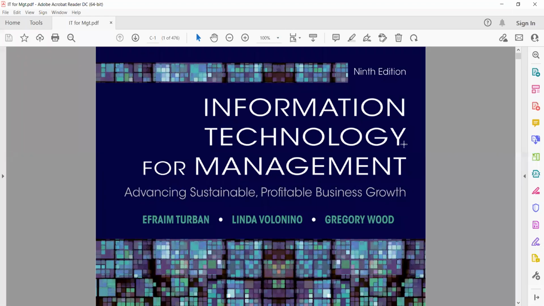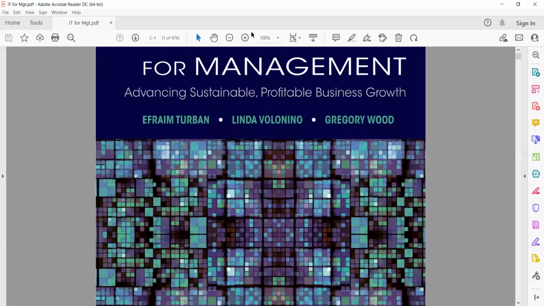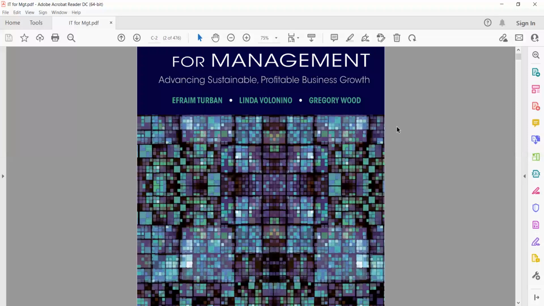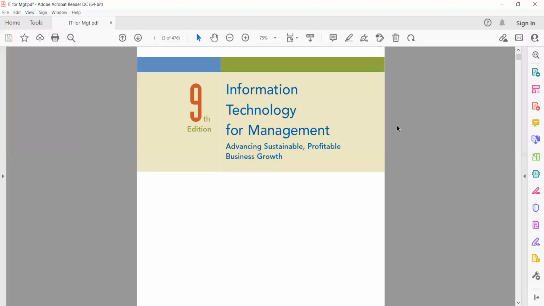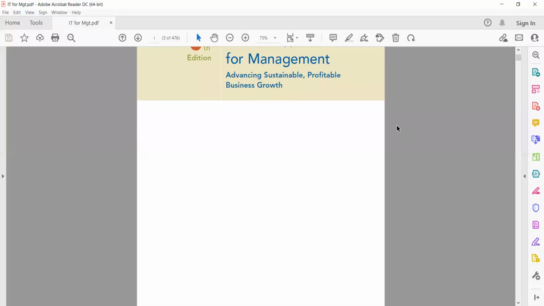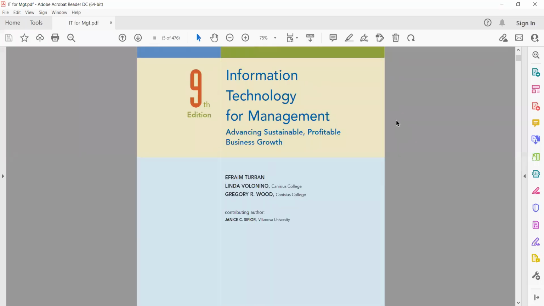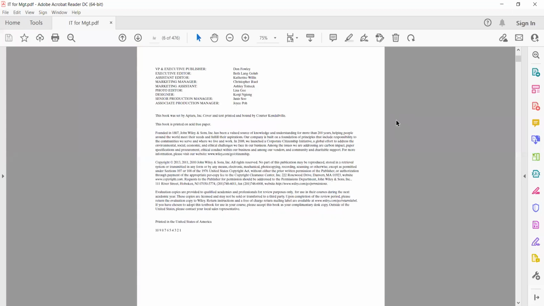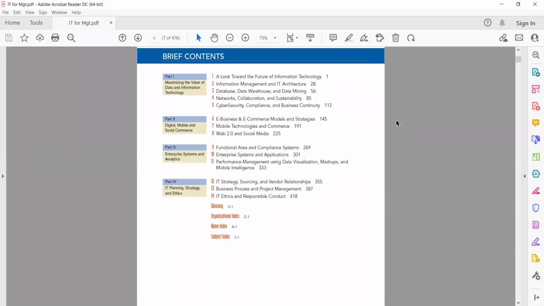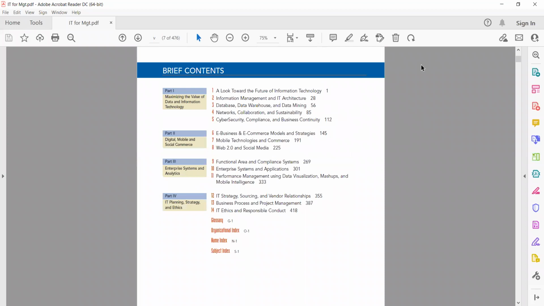Okay, this is one of the recommended readings, Information Technology for Management, Advancing Sustainable, Profitable Business Growth, by Efraim Turban.